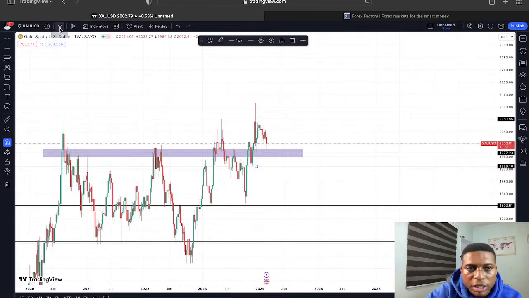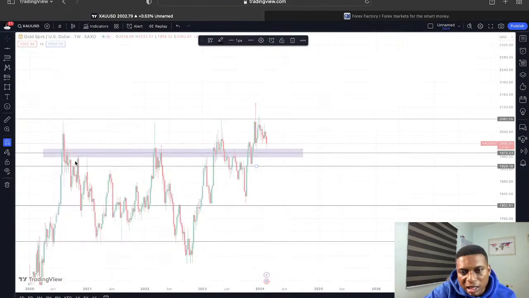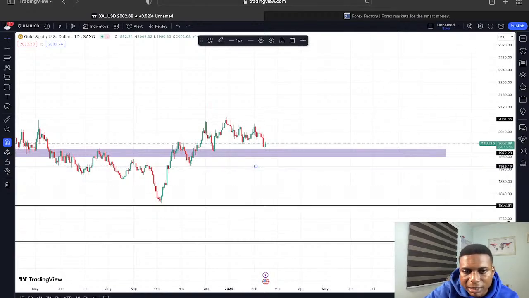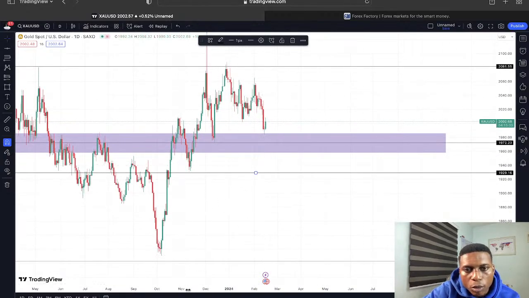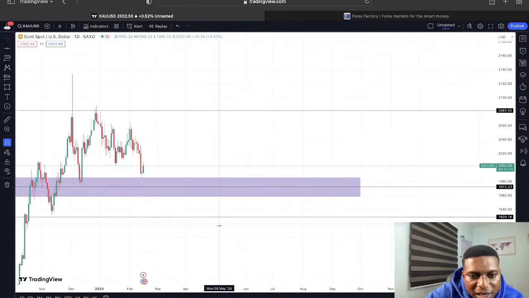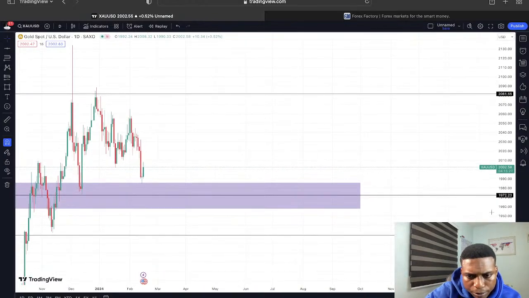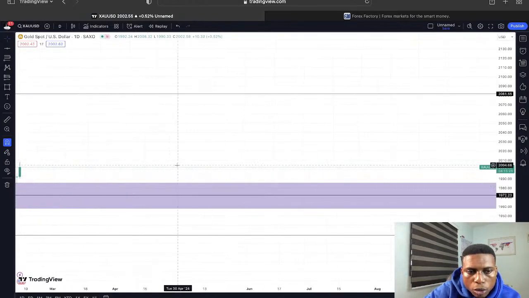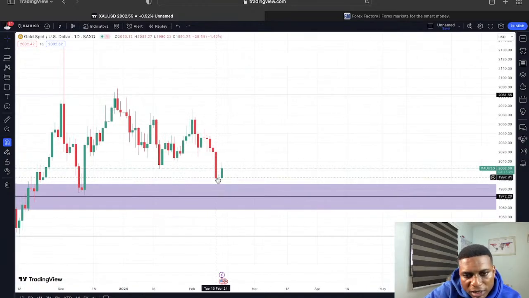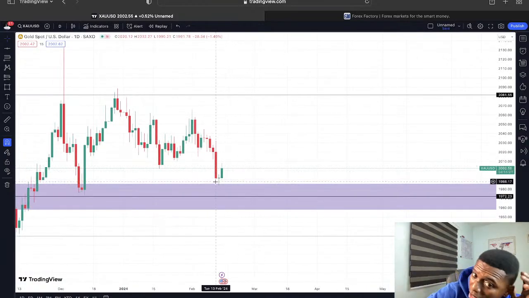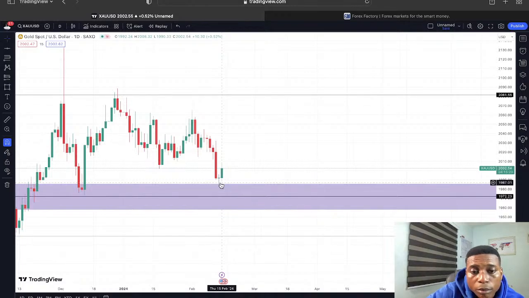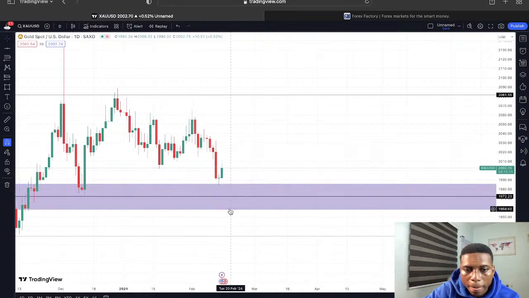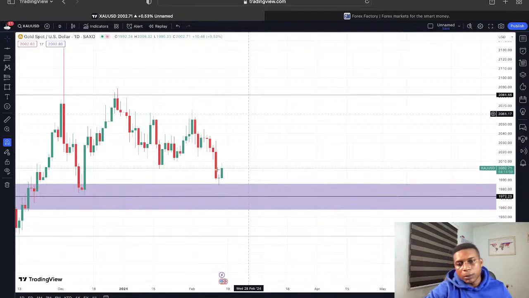However, if you are looking for a short-term trade, then you want to go down to the daily time frame to see what exactly price is doing. Now it's clear to us that on gold, right now we can see a doji on a support level, indicating price reversal or trend reversal.